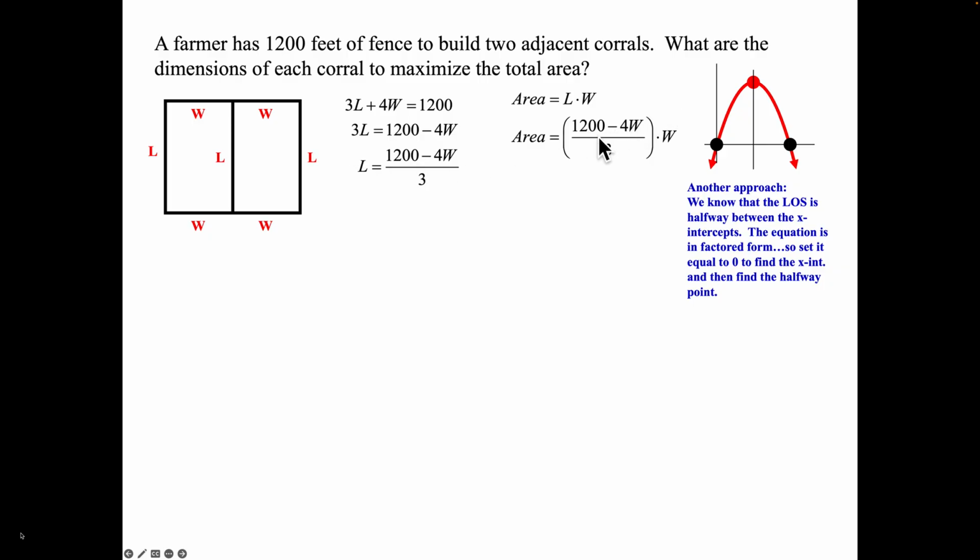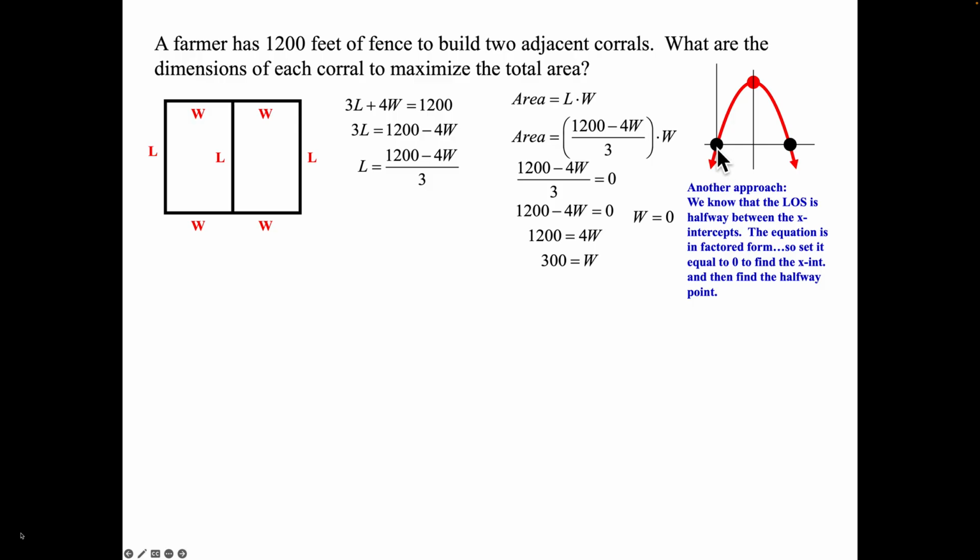So like I said, we'll take each of these two factors, set them equal to 0. Well, 0 is done. Here, you have to get rid of the division of 3. So multiply 3 to the 0, that's still 0. Add over the 4w. 1200 equals 4w, divide by 4. W equals 300.